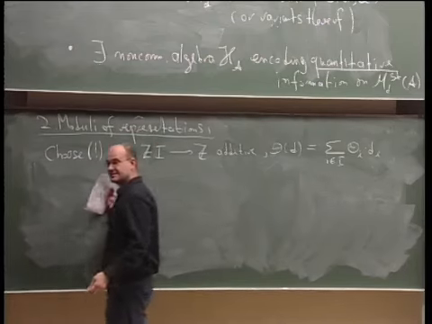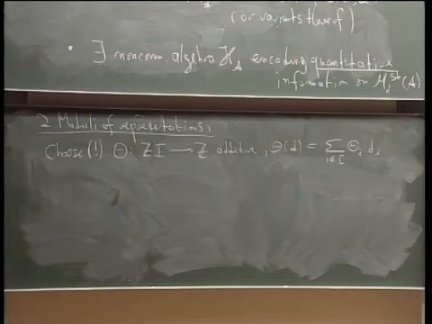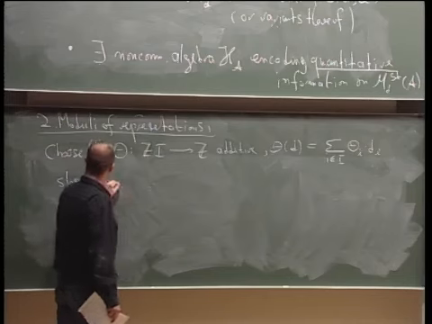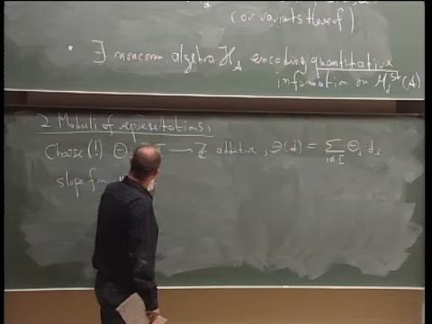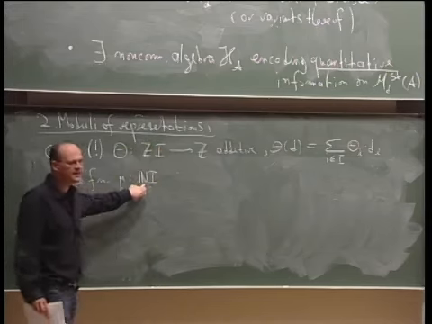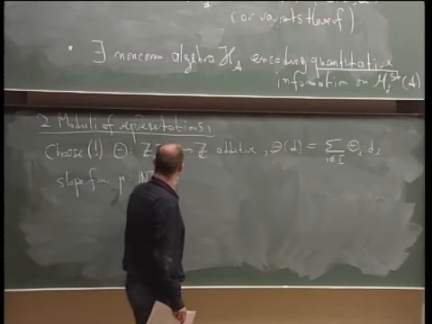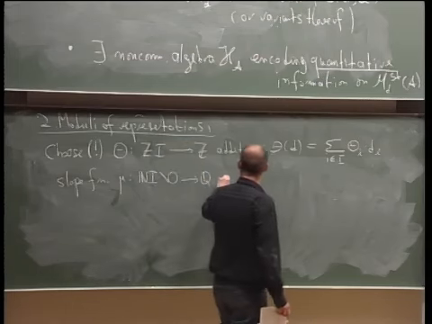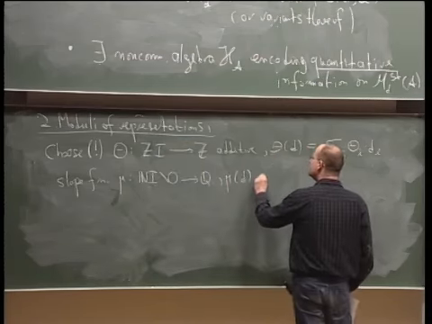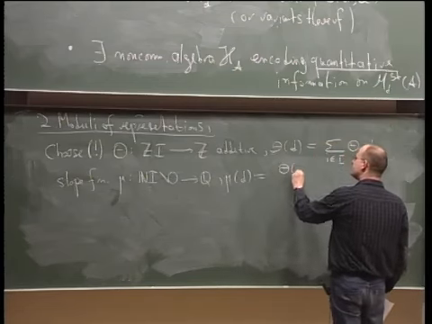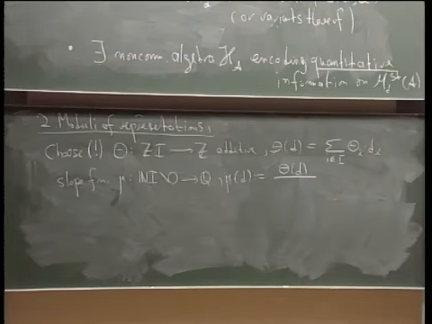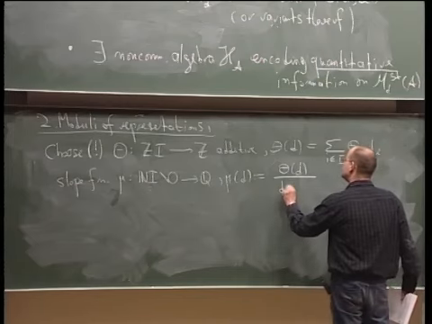Well, once we have this theta, we can define a slope function, mu. Now this works only for non-negative integer linear combinations, and produces a rational. The slope of a dimension vector d is defined as the fraction of theta applied to d divided by the replacement for the rank, which is the total dimension of d.